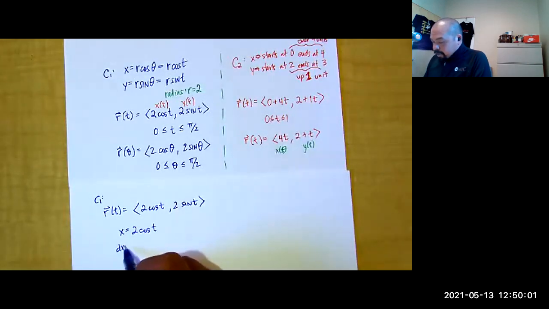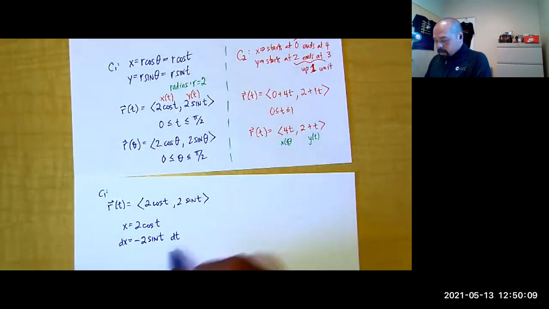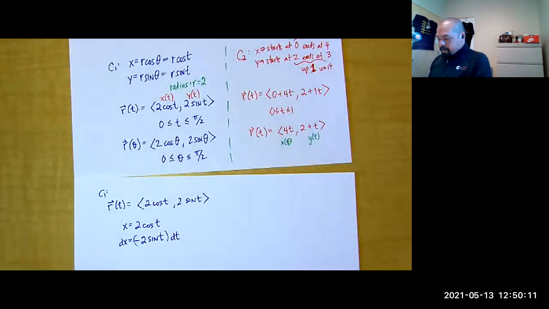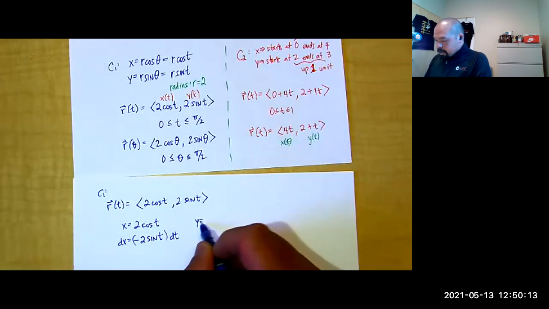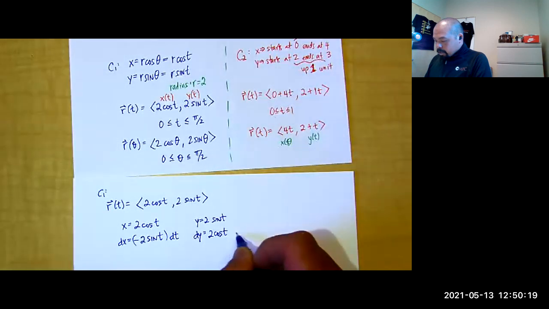This means dx is going to be derivative of cosine, negative sine, 2 sticks around, t dt. Y is 2 sine t, dy is 2 cosine t dt.